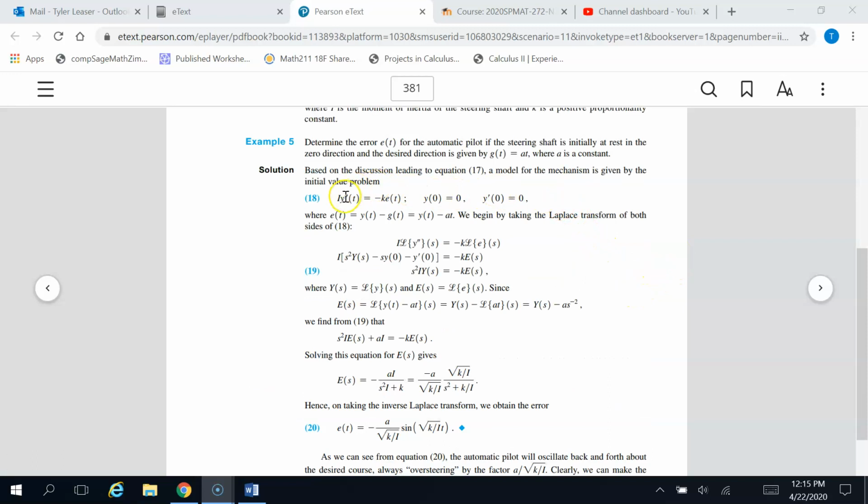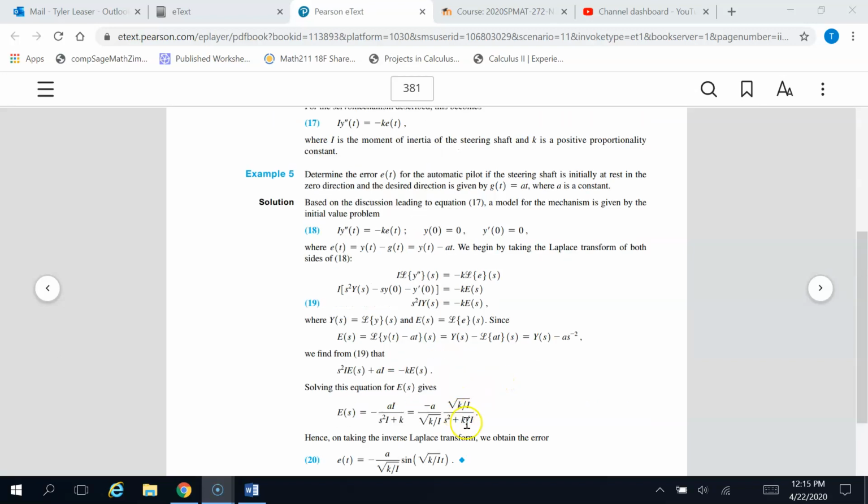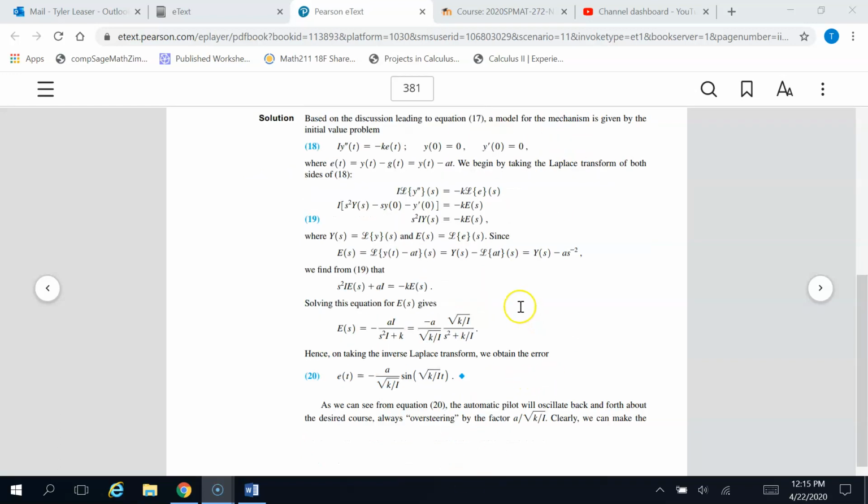This just has us solving that differential equation to see how much we have to turn the wheel given a certain error. And the answer is down here. So this E of t, this little error, is negative A over square root K divided by I sine of this stuff. I know all of this doesn't really make too much sense, but the constants are all up top here. Based on the constants, you can kind of think of K as the force it takes to move the wheel.